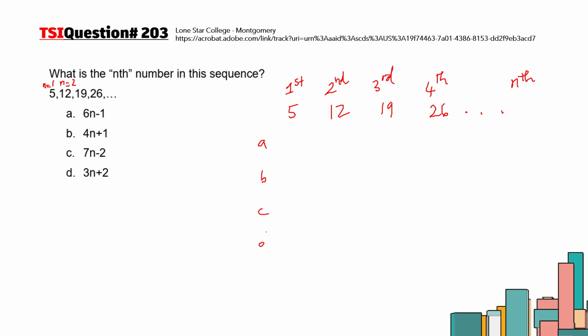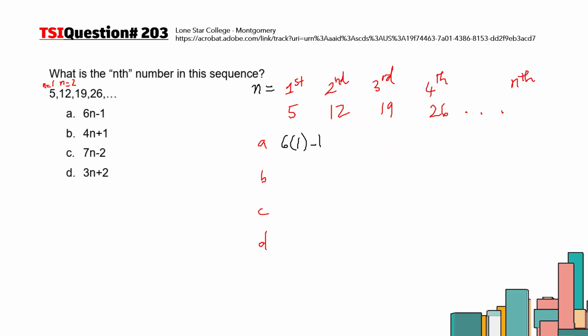If not, then we just skip it. For example, if I plug in n equals 1 into 6 times 1 minus 1, that is 5.